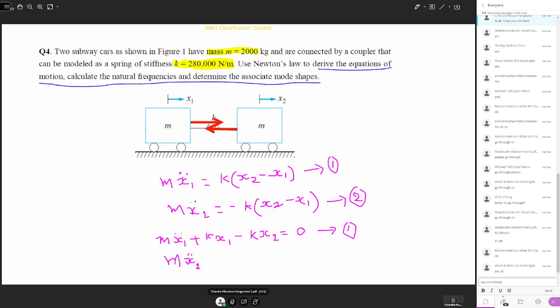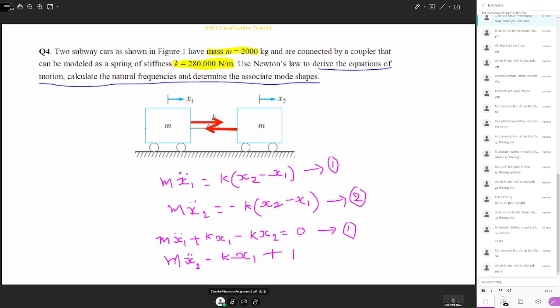This is minus k x1, minus k minus x1 becomes positive, so if you bring it to the other side, it will be negative.